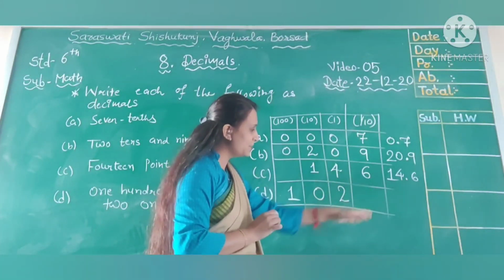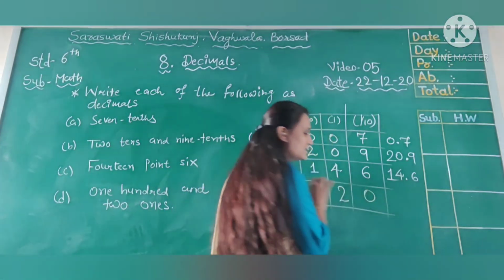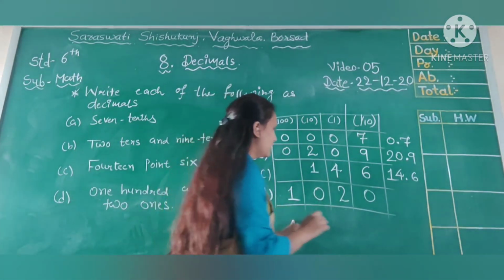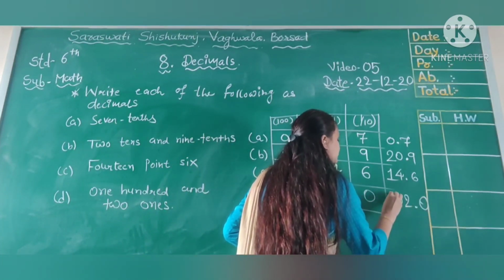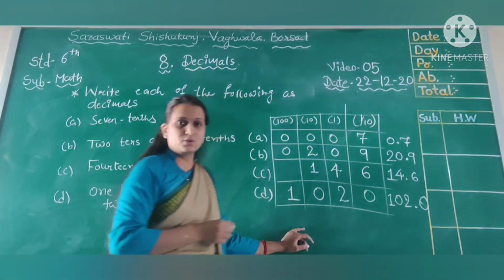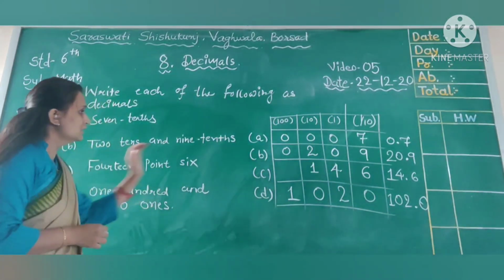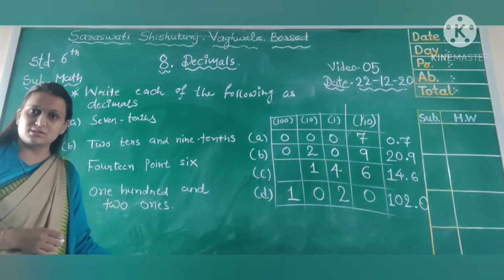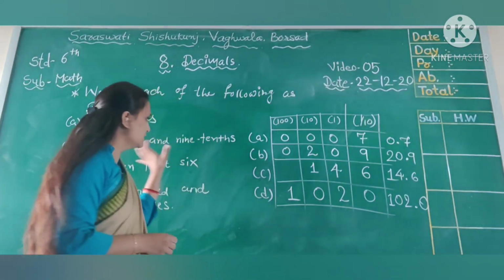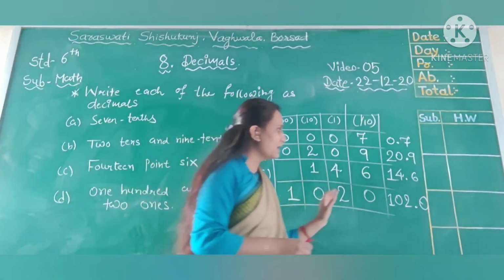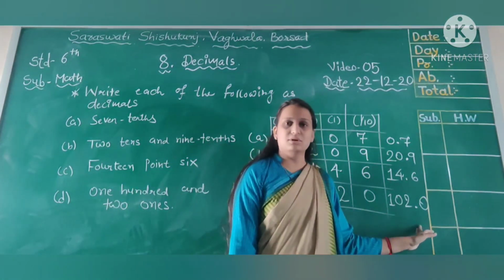Again at the tenths place we have been given nothing, so it is 0. So how can we write the number? 102.0. Okay, so this way you can write a decimal number from words. This is the decimal table, and we have represented the given digits in the table, so we are able to find the decimal numbers.